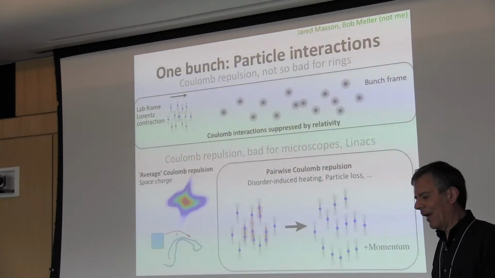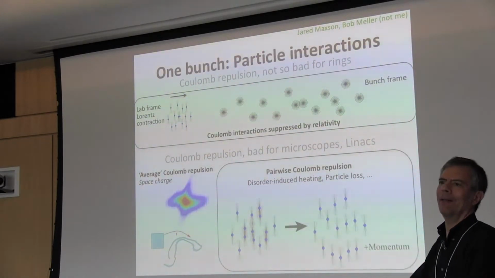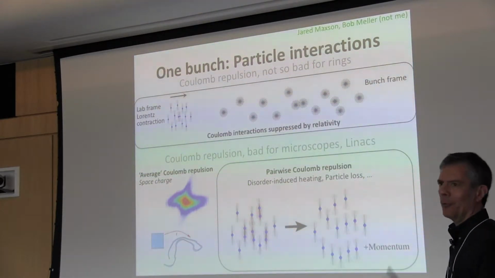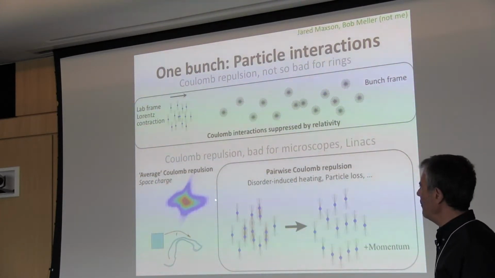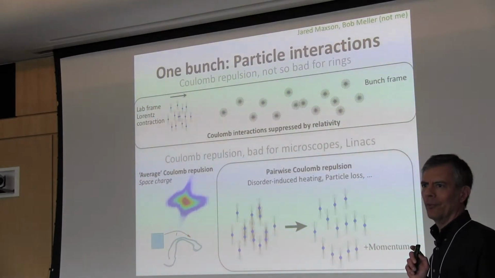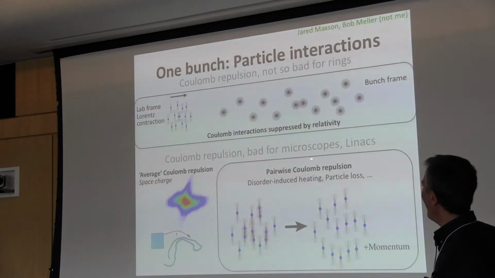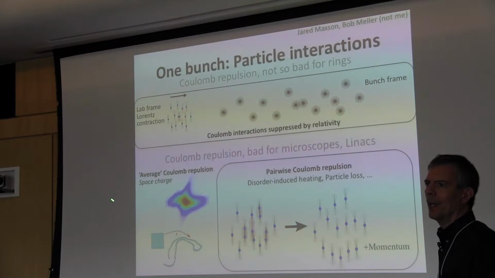You can use the fact that all the momenta out there are this way and then push them back in again. I don't know the details, but in practice, it not only pushes them apart, but makes them a funny shape, which should remind you that this is really kind of screwing up your emittance. Coulomb repulsion is therefore bad for microscopes and linacs, where the initial shape of a bunch matters.